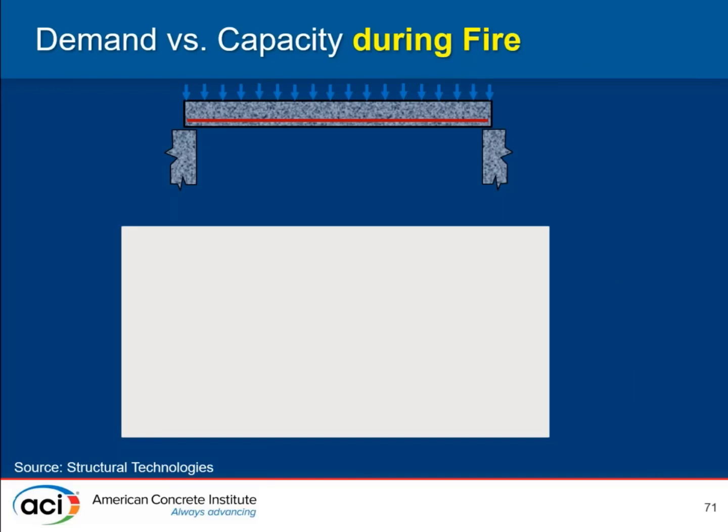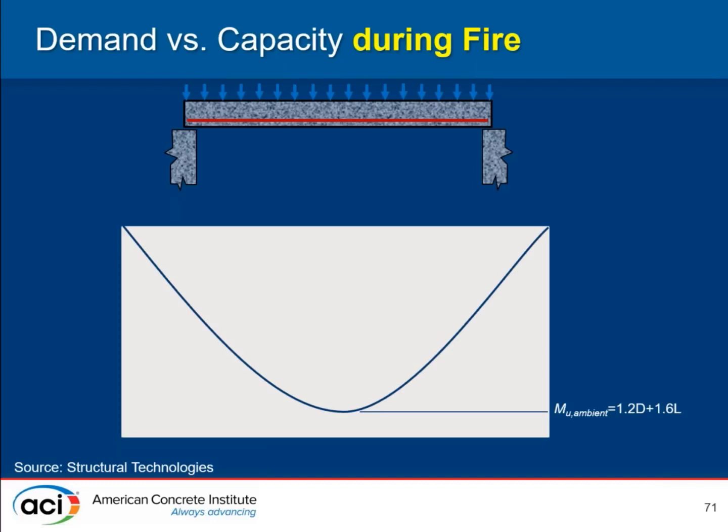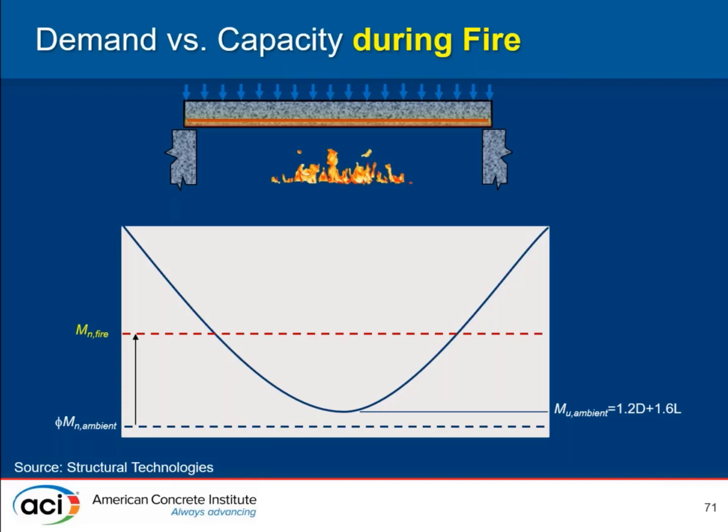So this is starting to show things. Here we've got a structure, a reinforced concrete beam that under ambient conditions has to carry a factored moment of 1.2 dead load plus 1.6 live load. When the fire occurs, the capacity of the steel and concrete is reduced. And so we've got reduced nominal moment capacity during the fire.